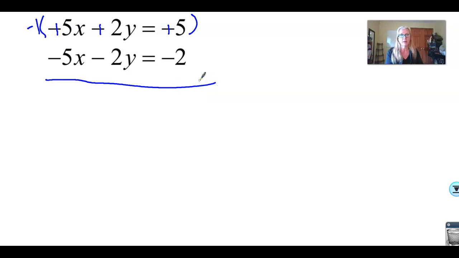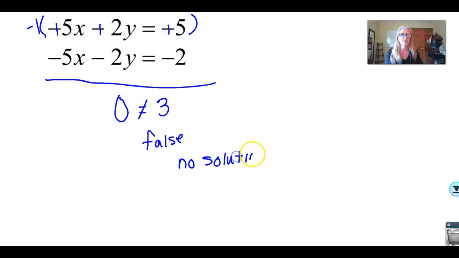Now that we have opposite terms, we can add the equations together. But this gives us 0. This gives us 0. So on the left, we have nothing. And on the right, we have 3. But since 0 is not equal to 3, this is a false statement. And that means that there are no solutions to this system. These two equations will be parallel to each other.